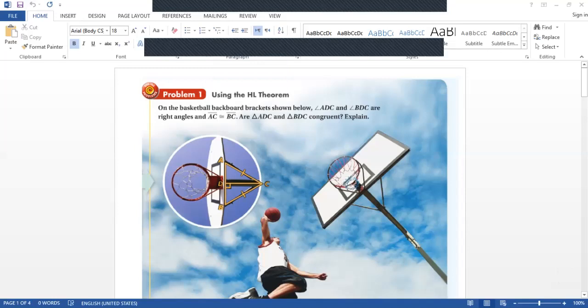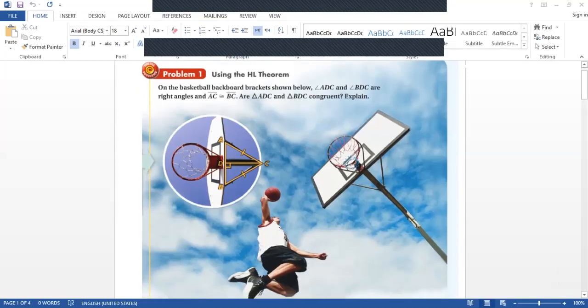The question is, on the basketball backboard brackets shown below, angle ADC and angle BDC are right angles. Right angles mean equals 90. And AC is congruent to BC. Is triangle ADC congruent to triangle BDC? Explain.